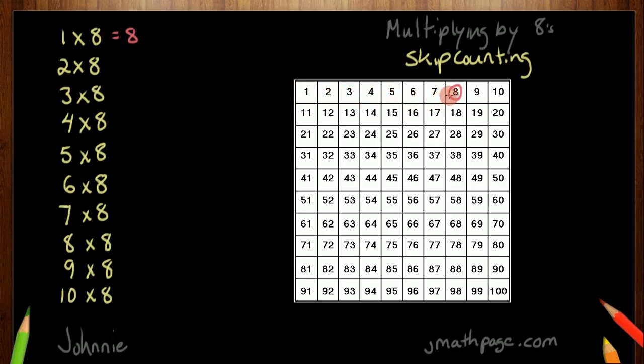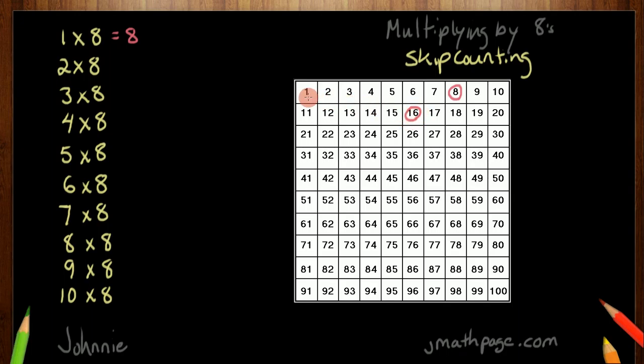If I use the same idea of skip counting for the next one, I'm saying that I want to skip count by 8 2 times. Well, I've skip counted by 8 one time. Now I have to add 8 more to skip count a second time, right? So let's count out 8 more. 1, 2, 3, 4, 5, 6, 7, 8.